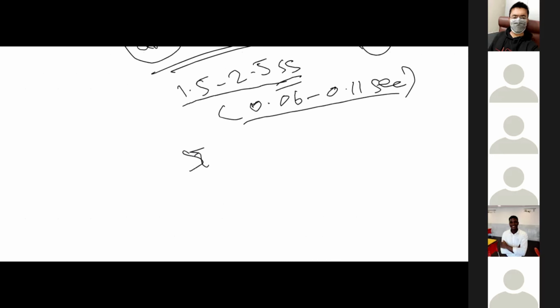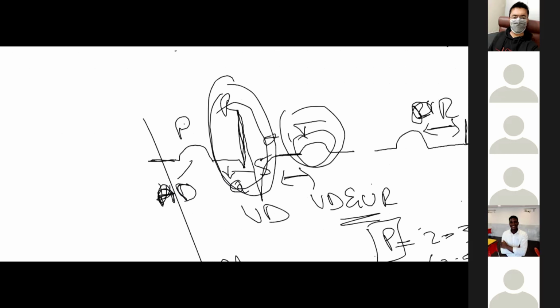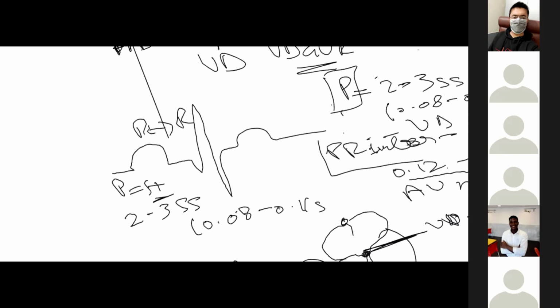The ST segment is an isoelectric segment. If you see on a normal ECG, look, this is an isoelectric line. The whole ECG circulates around this.